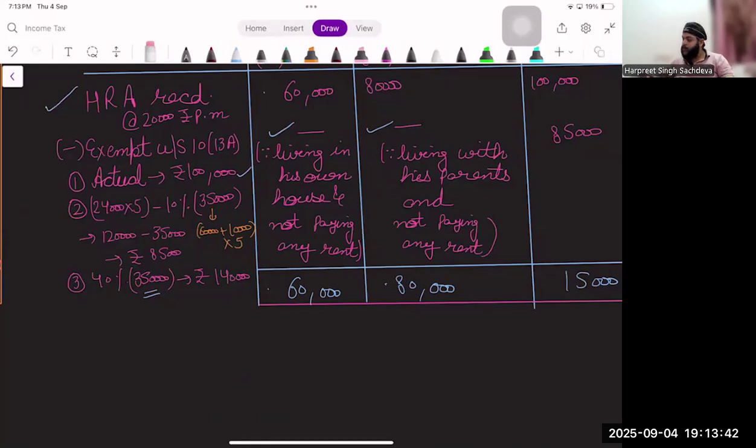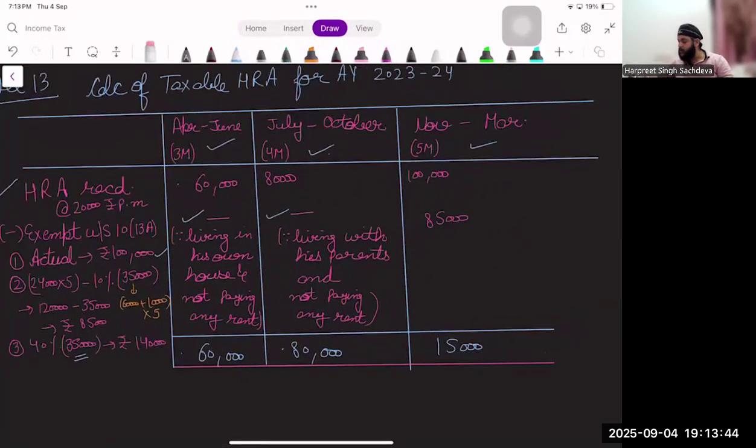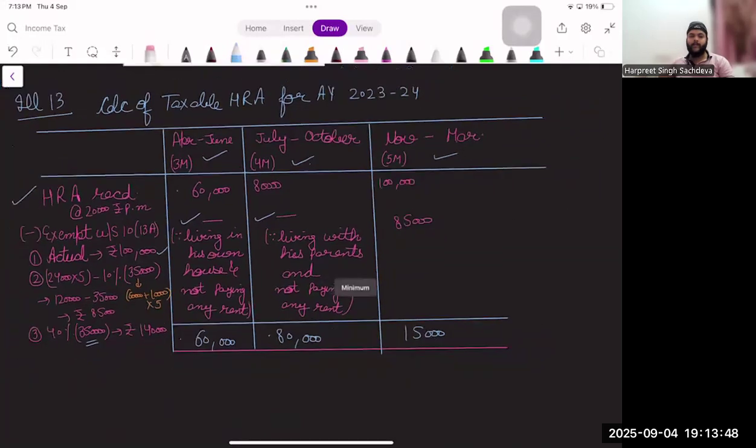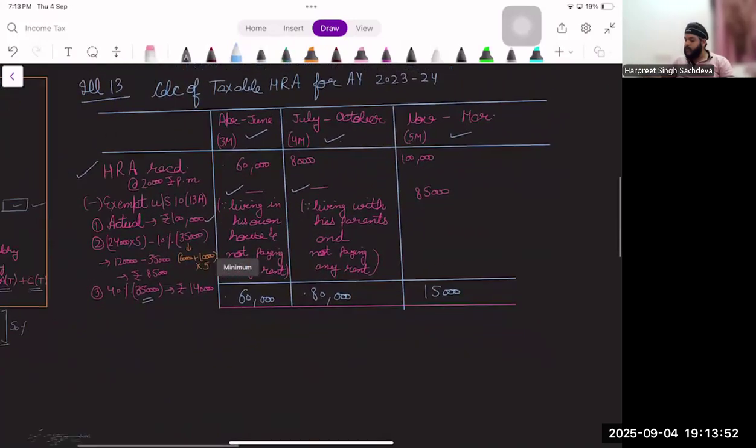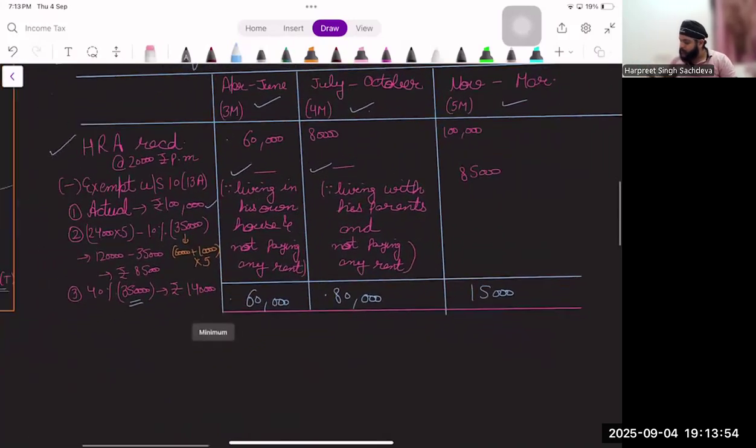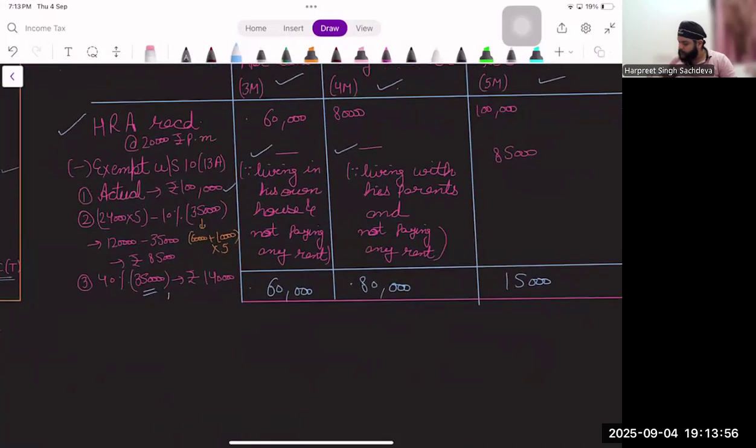Okay. So this will be your exemption in the third portion of the year. So 1 lakh, exempted is 85,000. So taxable is 15,000. The last row is taxable HRA: 60,000, 80,000, 15,000.